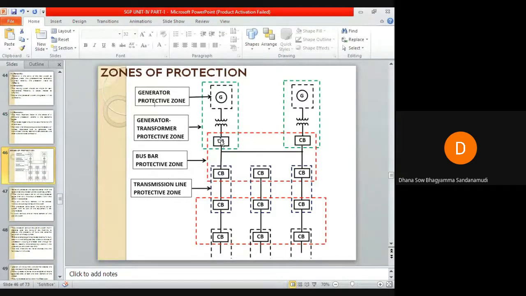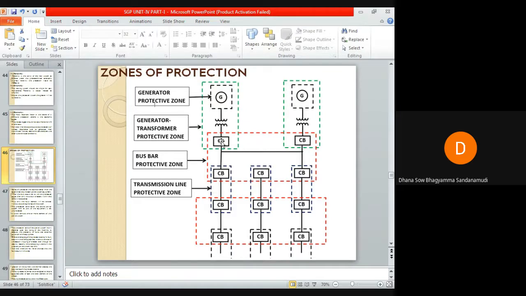So if a fault occurs in the busbar zone, or somewhere else, and some other circuit breaker is about to interrupt the fault, this circuit breaker may unnecessarily open. Even though unnecessary operation of circuit breakers may occur, overlapping of the protective zones is done for security reasons.